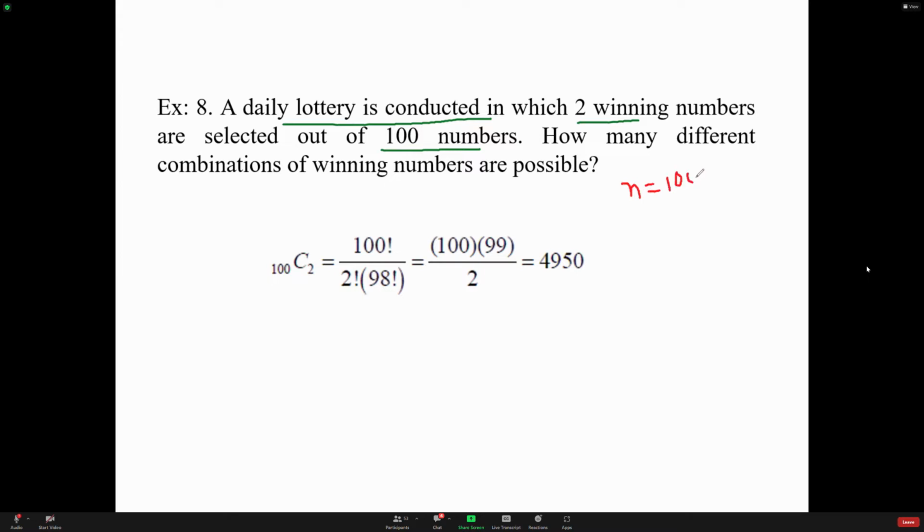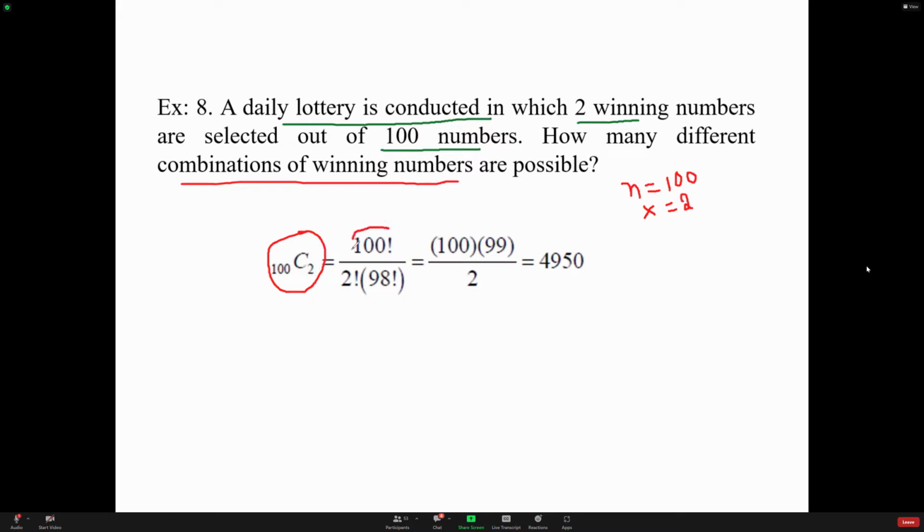How many numbers are you choosing? 2. So your x is 2. You are asked to find the sample space, how many different combinations of winning numbers are possible. How many different combinations means nCr or nCx. So 100 C 2.